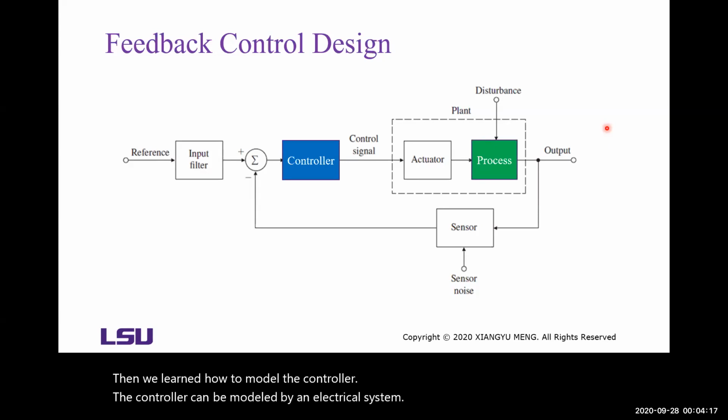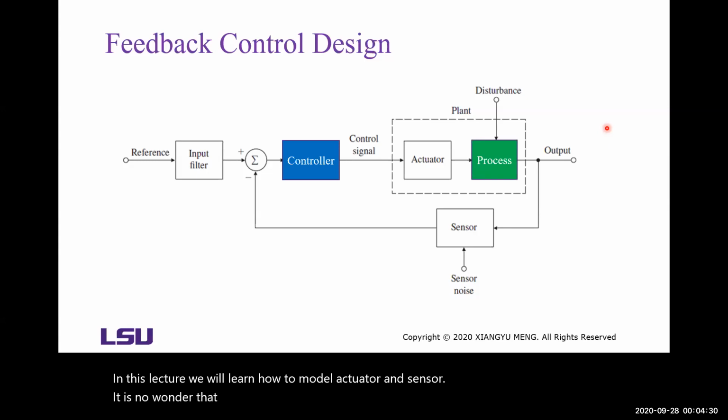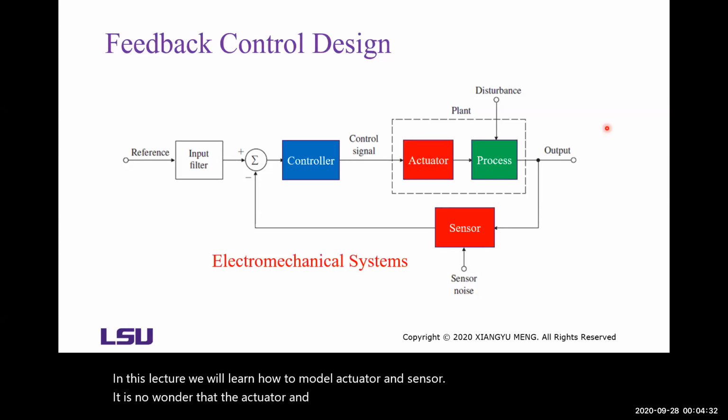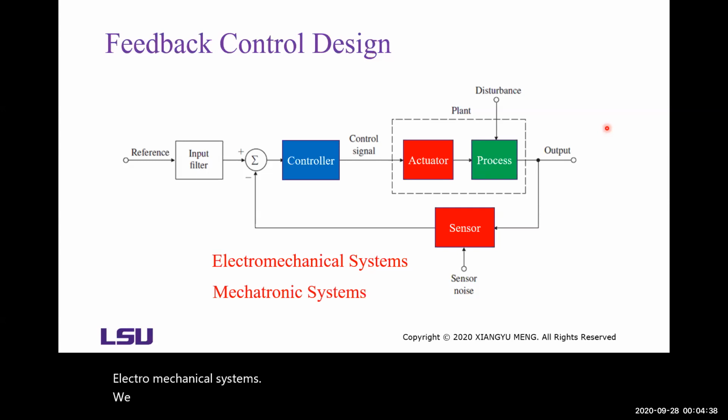In this lecture, we will learn how to model the actuator and the sensor. It is no wonder that the actuator and the sensor are electromechanical systems. We can also call them mechatronic systems.